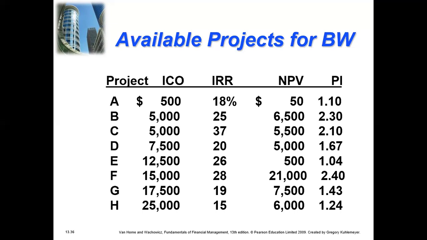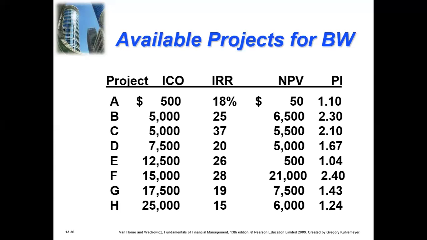The initial investment required, let's suppose for project E, is 12,500, the initial cash outlay. And the IRR of project E, the internal rate of return, is 26%. If she invests in project E it will give her 26% IRR.